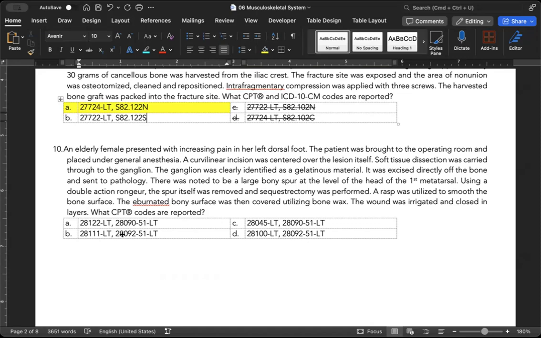So are we in the toes or are we in the foot region? We're in the foot. Yep.